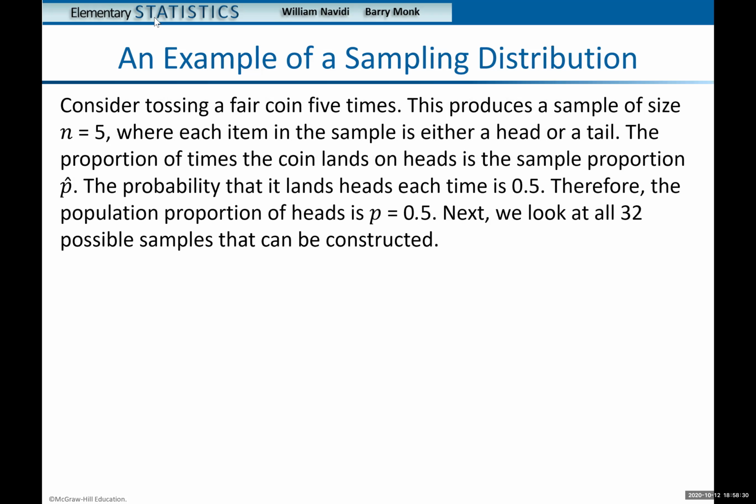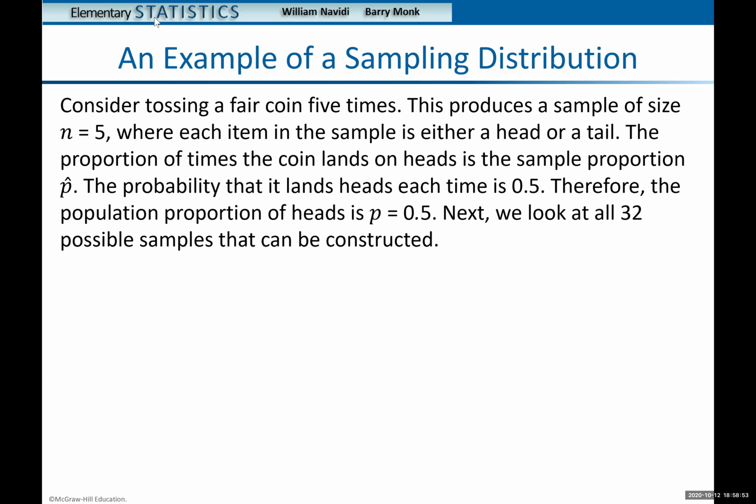So for example, consider tossing a fair coin 5 times. This produces a sample size n equal to 5, where each item in the sample is either a head or a tail. The proportion of times the coin lands on heads is a sample proportion, p hat. The probability that it lands heads each time is 50%, or 0.5.